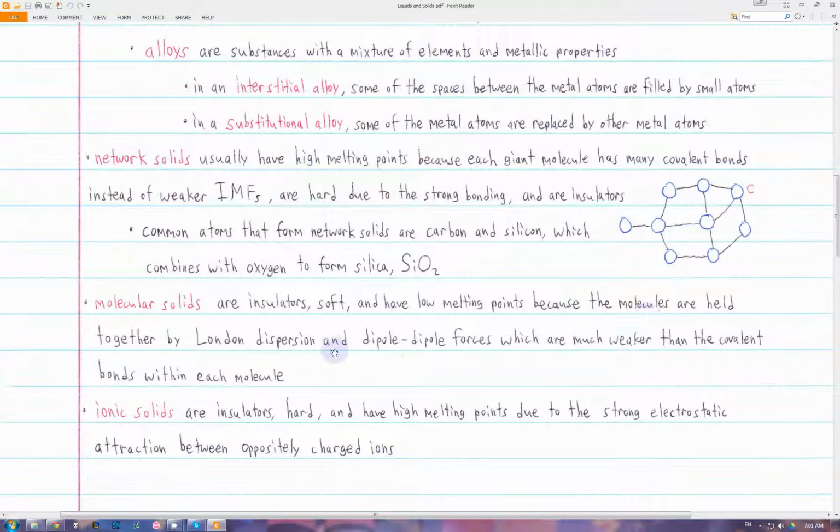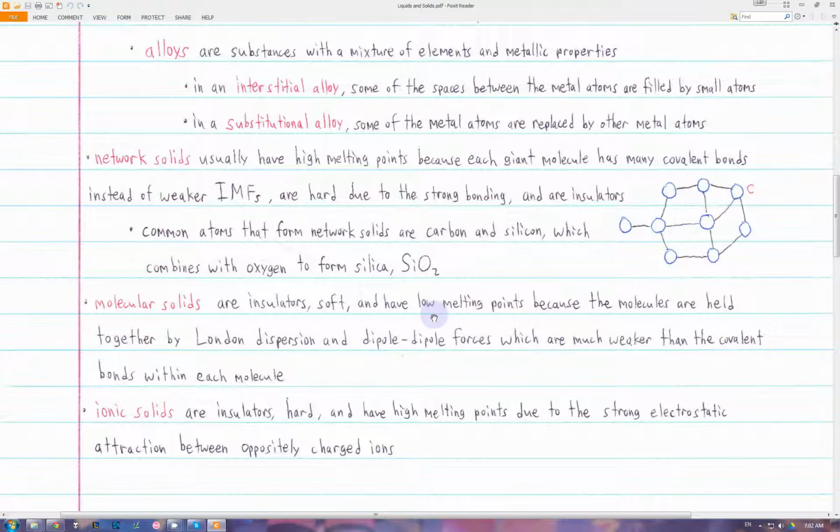So of course, these are much weaker than covalent bonds. So when you melt a substance, all you have to do is break the intermolecular forces instead of the covalent bonds within the molecules, which is why molecular solids have low melting points.